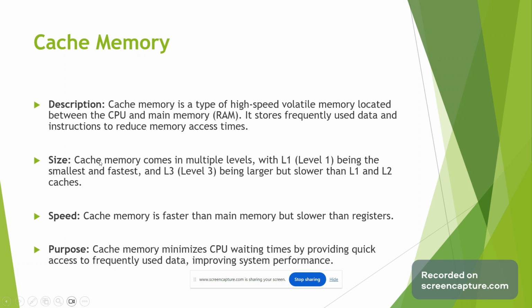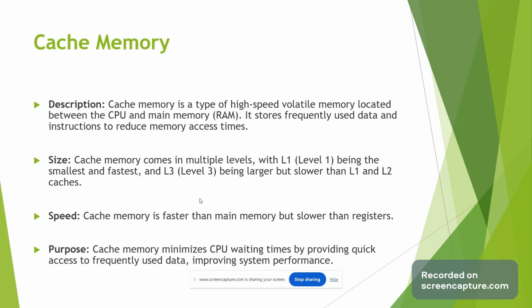The size: cache memory comes in multiple levels, with L1, level 1, being the smallest and the fastest. L3, level 3, is larger but slower than L1 and L2 caches. As we already know, larger memory basically affects the speed of memory access.